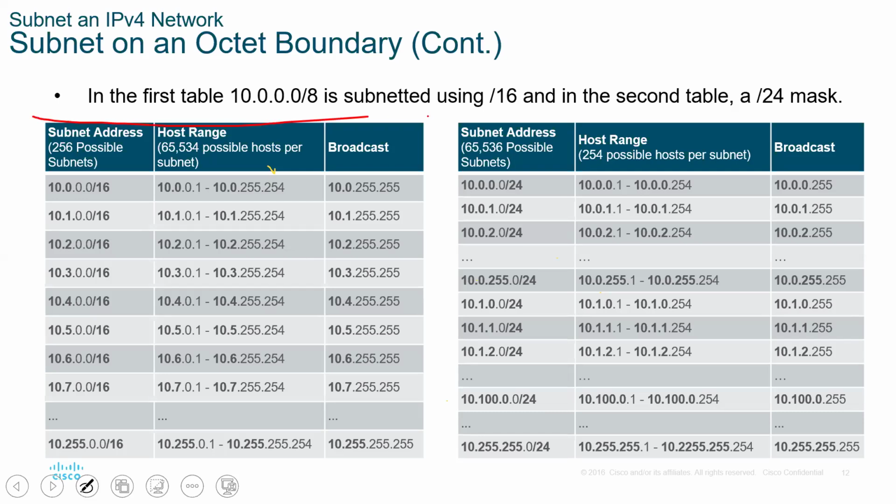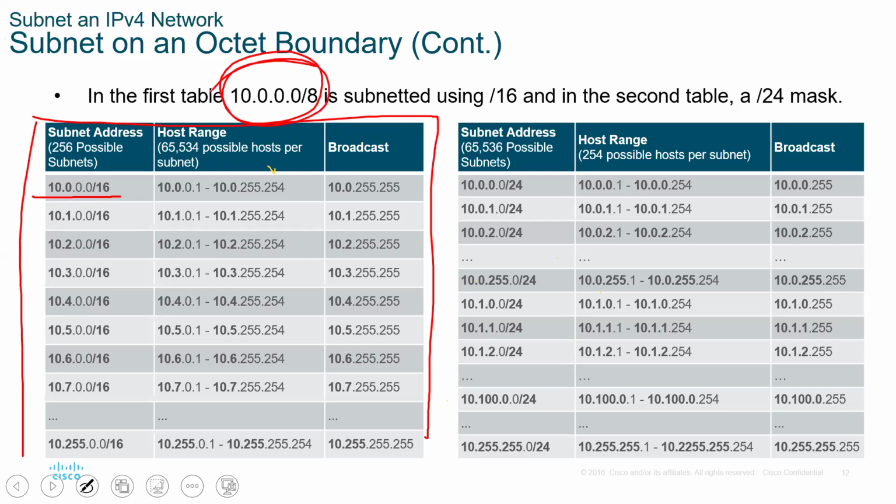You have this supernet, 10.0.0.0/8, and then it is subnetted into /16s, and you see that the values in the /16s are changing in the second octet. You see the second octet starts from 0, 1, then 2, 3, 4, 5, 6, 7. It continues like that. But that is for /16. We're going to get that.